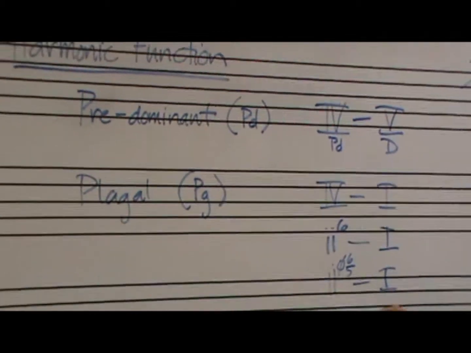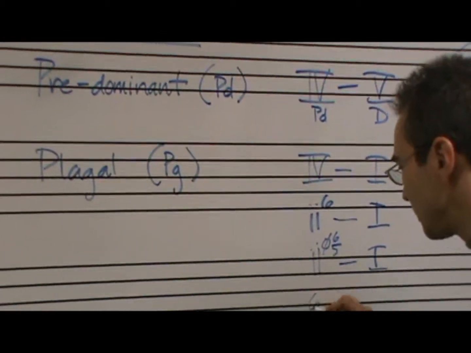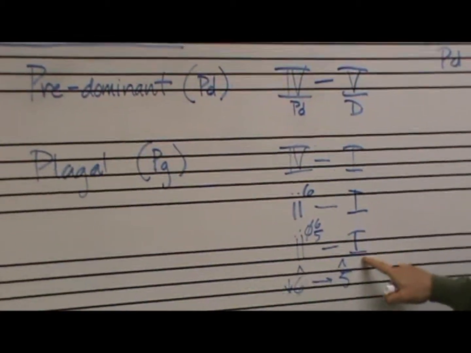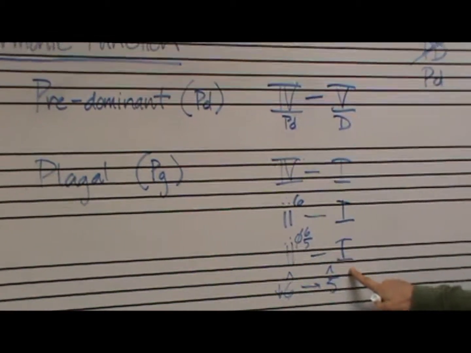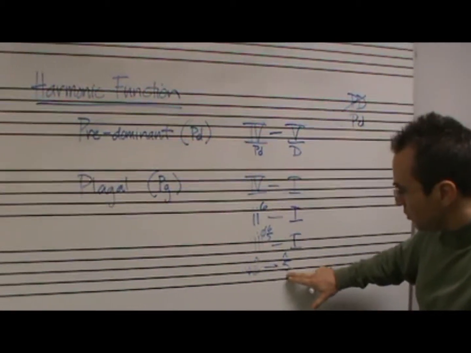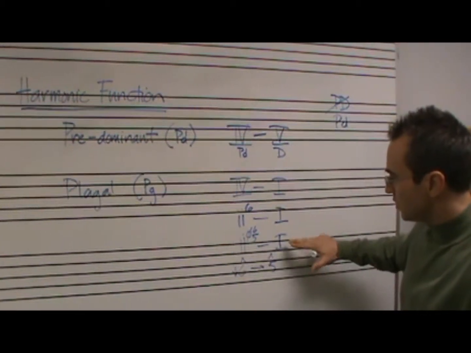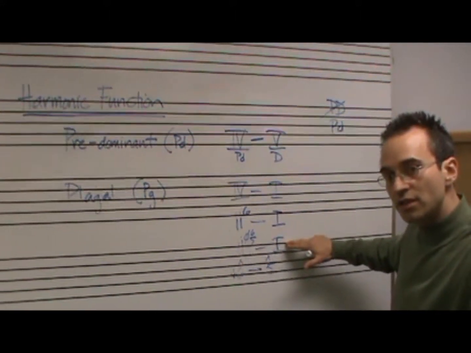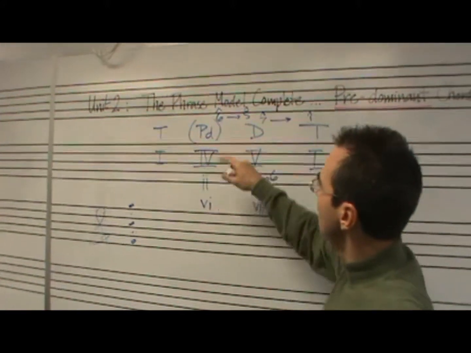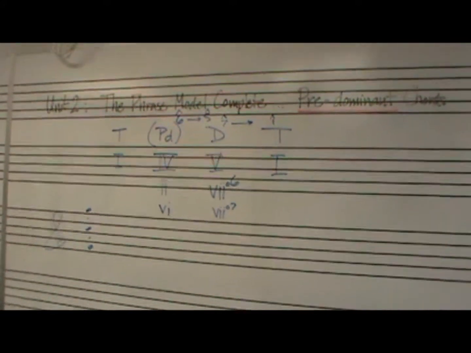And part of that is because, you know what, that 6 that's lowered is able to resolve to scale degree 5 in this context too. 6 is not going to the root of a dominant, but it's going to the chordal 5th of a tonic chord. Remember over here, scale degree 6 going to 5. I mentioned we'd come back to that.